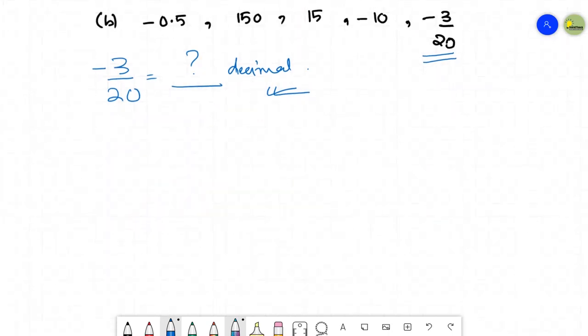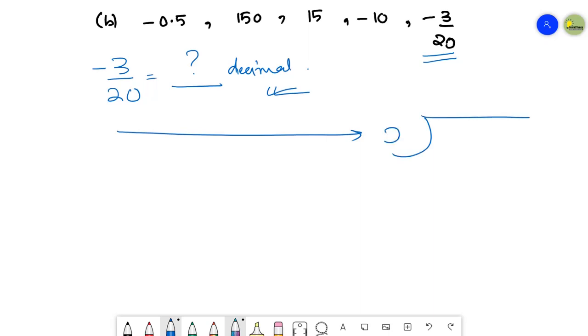In order to have its decimal equivalent, we have to divide 3, the numerator, by the denominator, that is 20. Right now, we know that the value that needs to be divided is small. 3 is a smaller value.